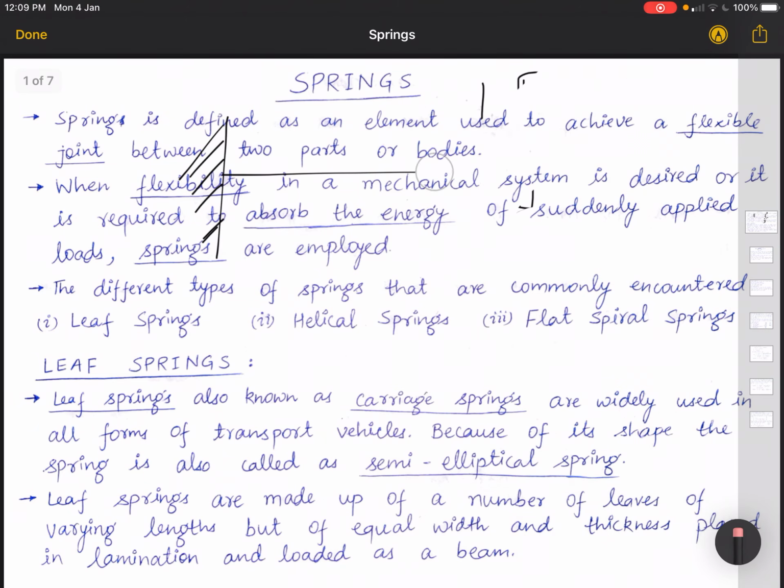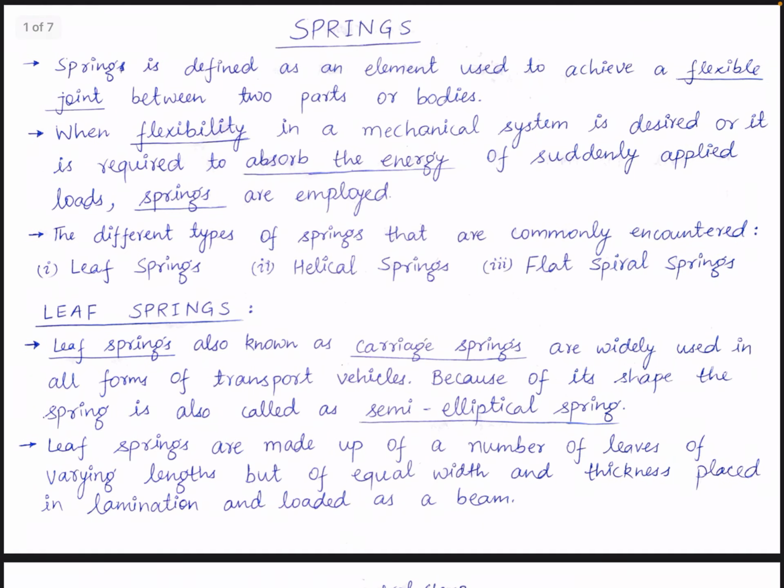There are many examples where you will see spring is useful. But in civil engineering, it is not of that much use. We are using springs in mechanical engineering. In machines and in your vehicles, you might have seen the shock absorbers. They are nothing but springs with a higher stiffness.